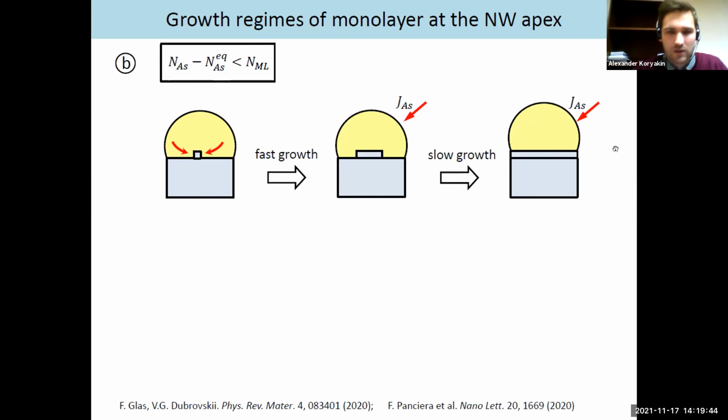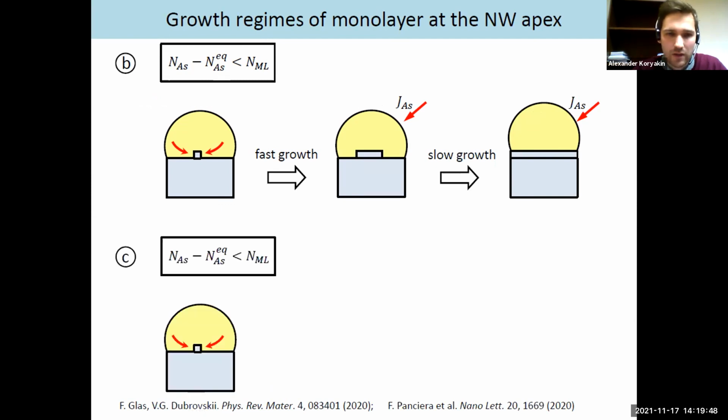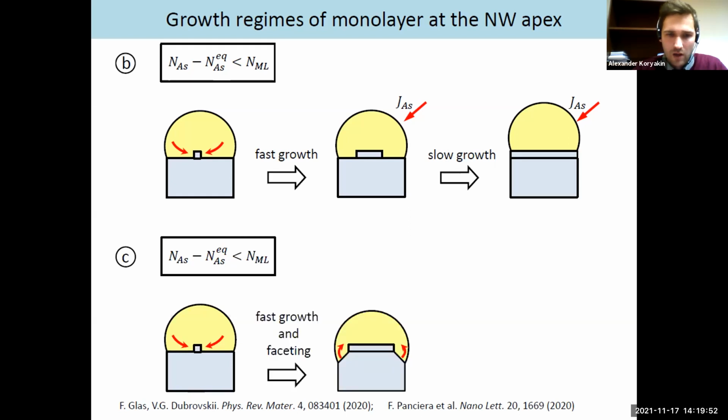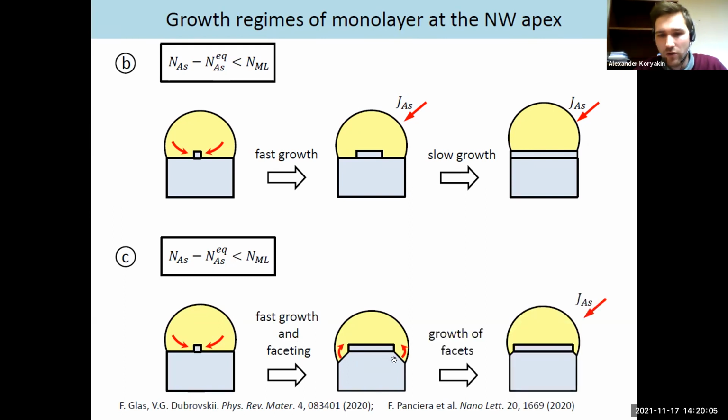These two cases can be realized if there is no truncation of the nanowire top face. In case of truncation, we have also the third regime. Firstly, fast growth due to the material in the droplet and due to the formation of additional faces at the perimeter of the nanowire top, and then slow growth, growth of facets.